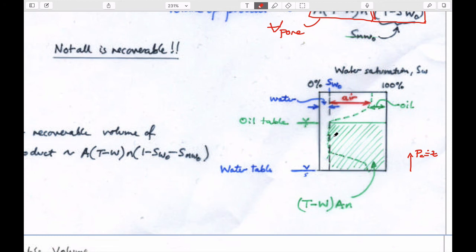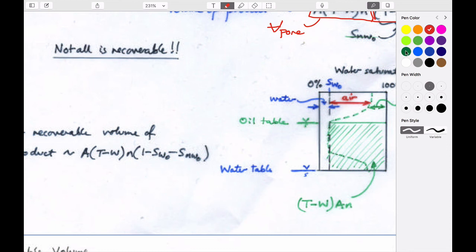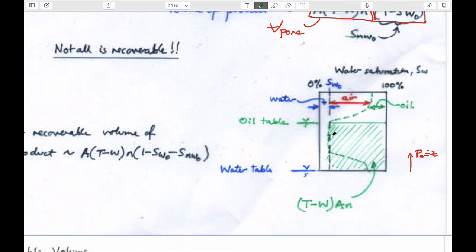And if we went up through here, then this is the oil table. The green stuff that is present is going to be, this is the saturation of the NAPL. This is the saturation of the water, irreducible. And so this is 1, 100% saturated.